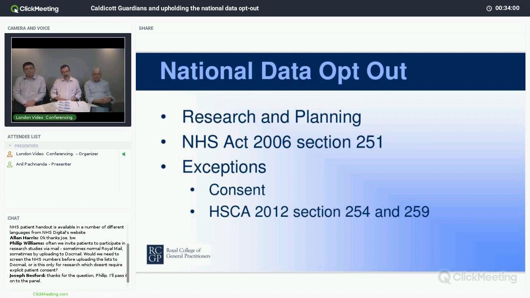But the important point is it applies where the legal basis for the dissemination of information is the NHS Act 2006 Section 251. It does not apply if the patient has given explicit consent for that collection, and it doesn't apply to the Health and Social Care Act 2012 Section 259.